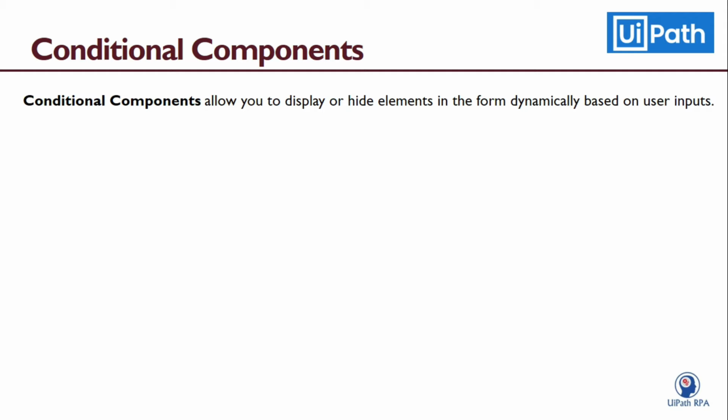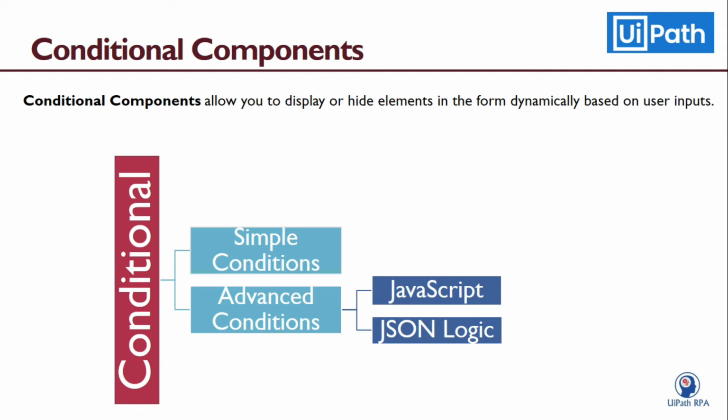There are two ways to define these conditions: simple conditions and advanced conditions. Simple conditions are straightforward, where basic logic is sufficient. We have options to choose from the drop down. Advanced conditions are for complex logic that requires JavaScript and JSON logic. In this video, we will see examples of both these options.